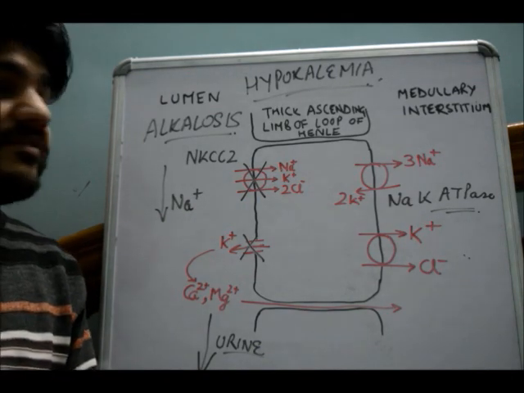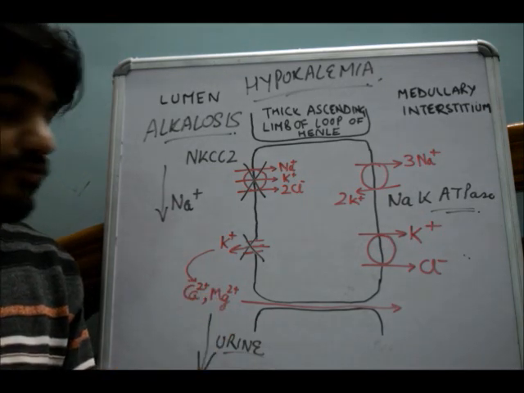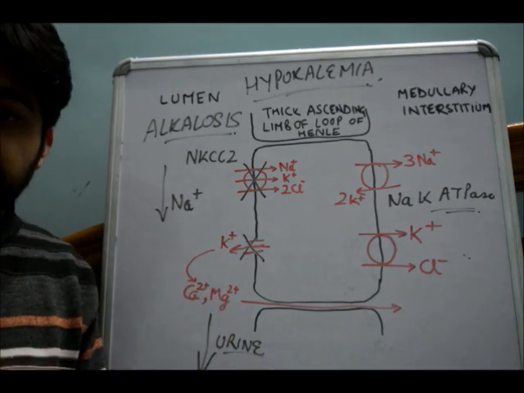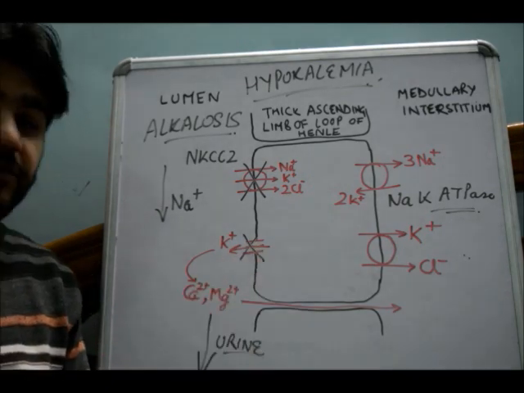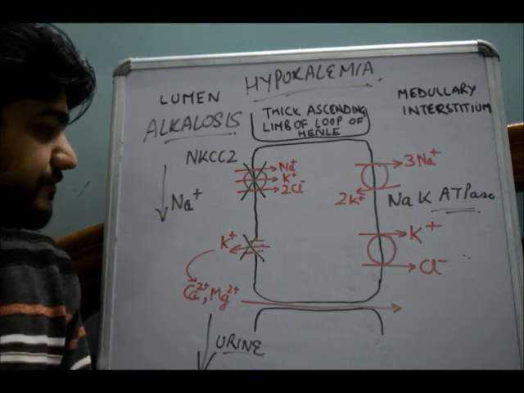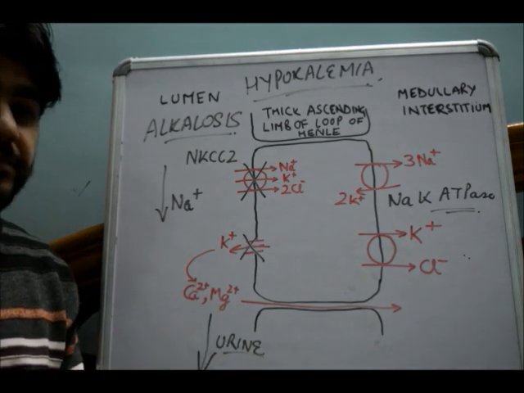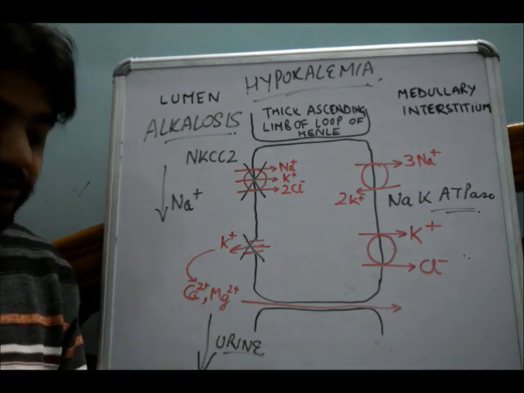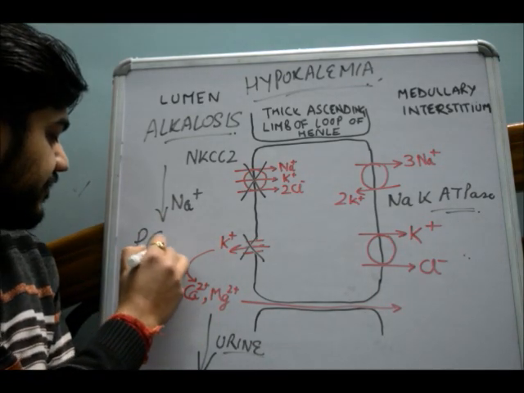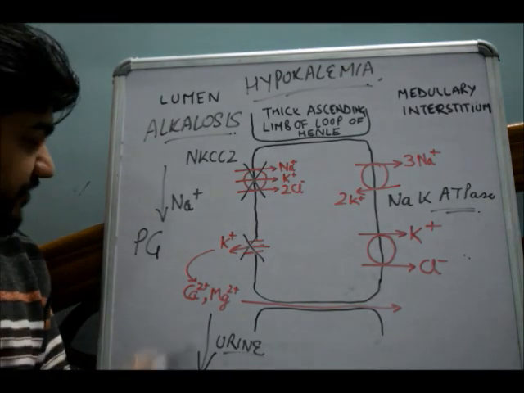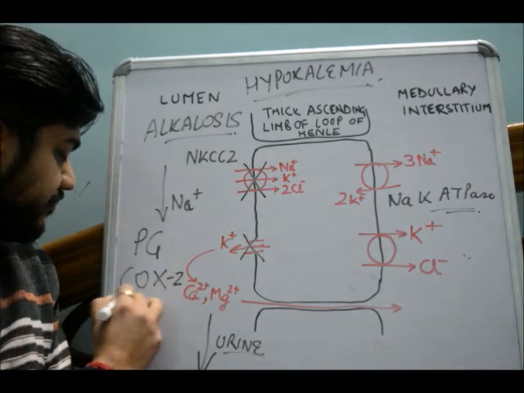The agents classified under these loop diuretics are furosemide, bumetanide, torsemide and ethacrynic acid. These are four agents commonly used. And then there is one very important mechanism through which these loop diuretics also act, and that is by increasing the synthesis of prostaglandins, because they induce the formation of an enzyme called cyclooxygenase 2.